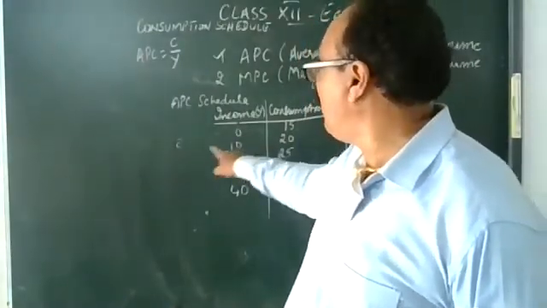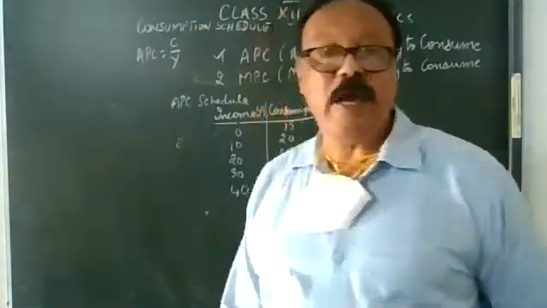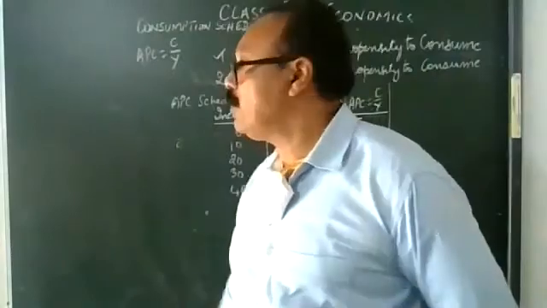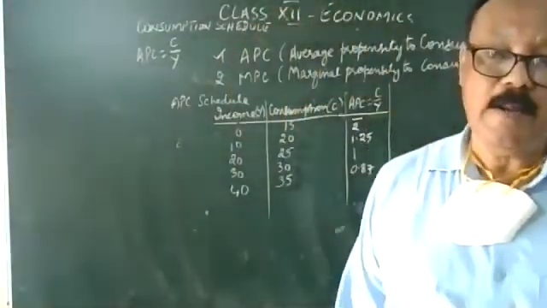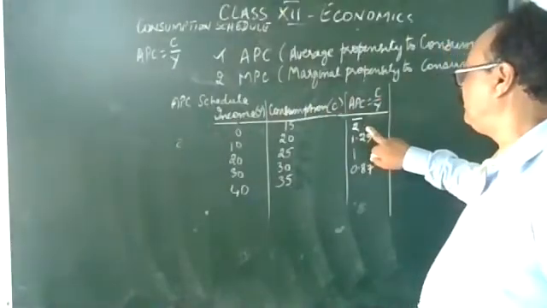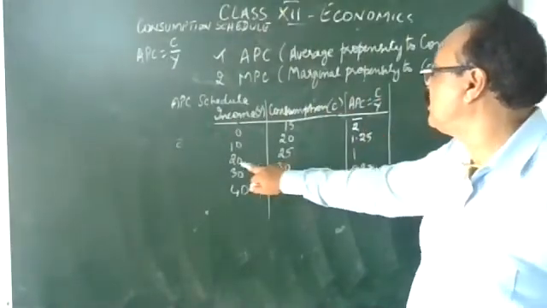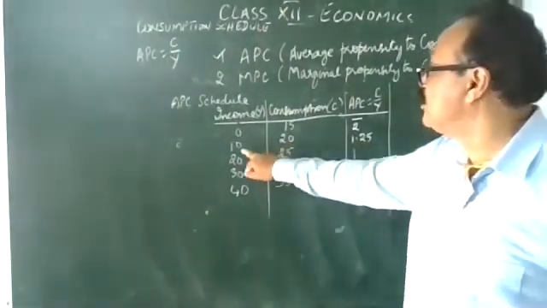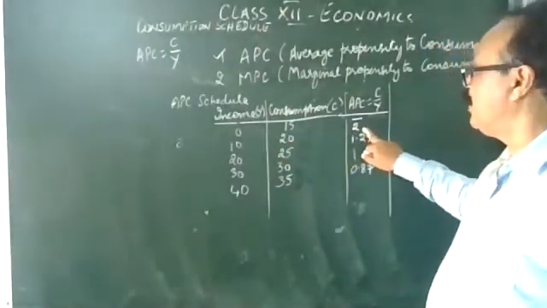And this will be at the point before K. Remember, I've drawn the diagram in my graph. Before the point K, APC will be greater than 1. Here consumption is greater than income, so it is greater than 1.